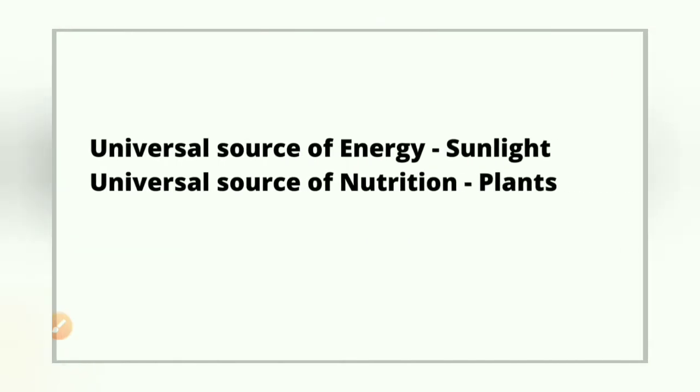Now remember these two things. The universal source of energy is sunlight, and the universal source of nutrition is plants. Let me give you an example. Let's say you are eating a banana because you are hungry and you need food. The banana is coming from a tree, it's a plant.